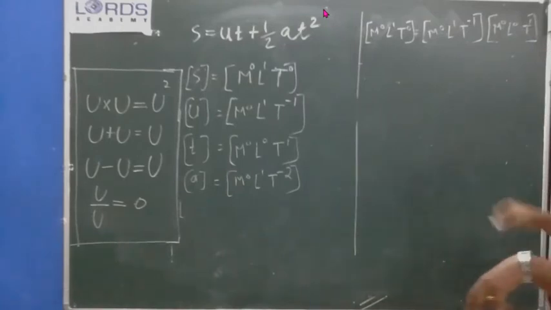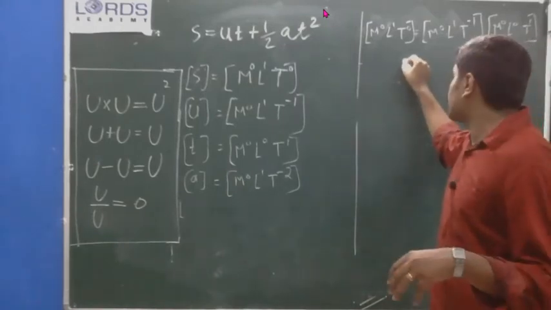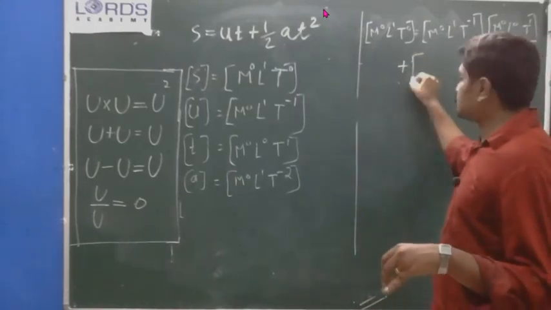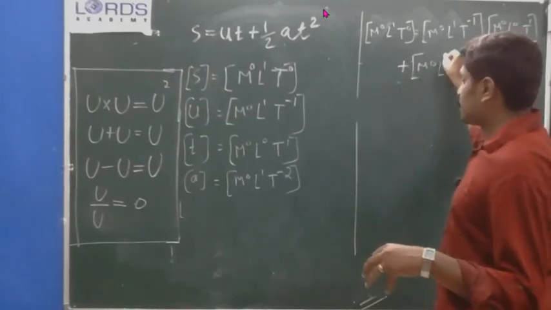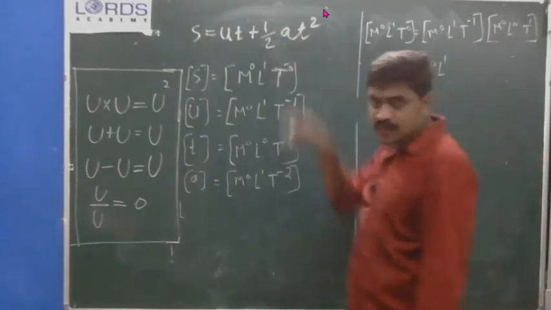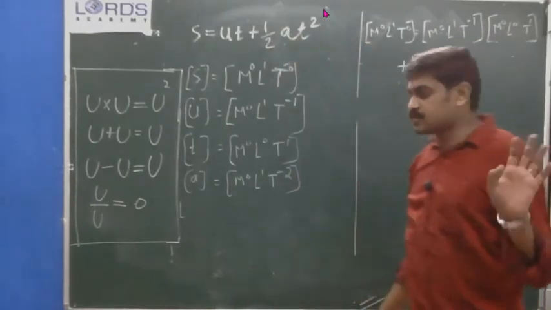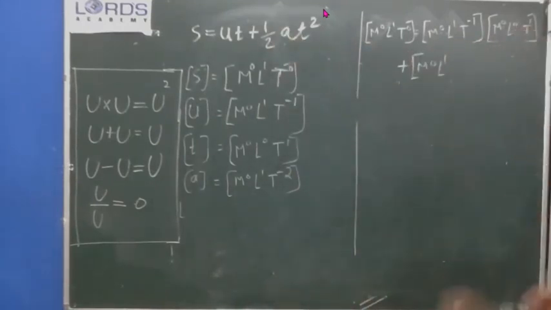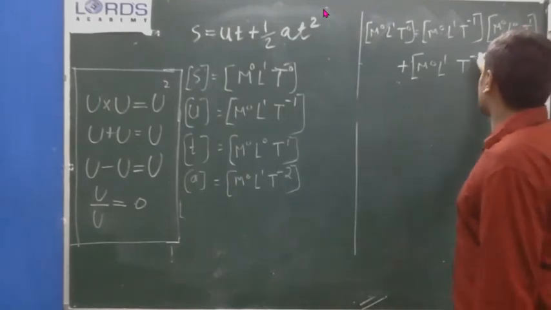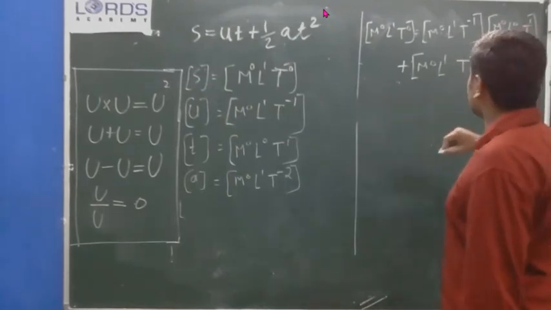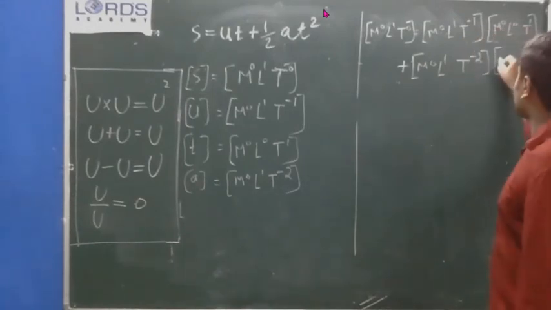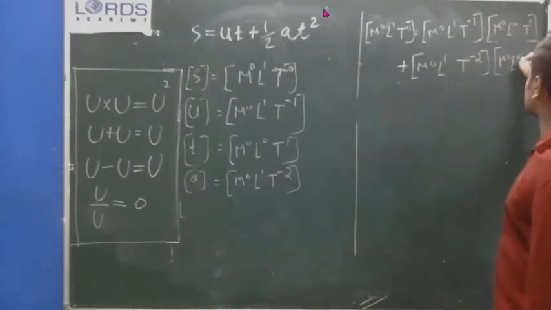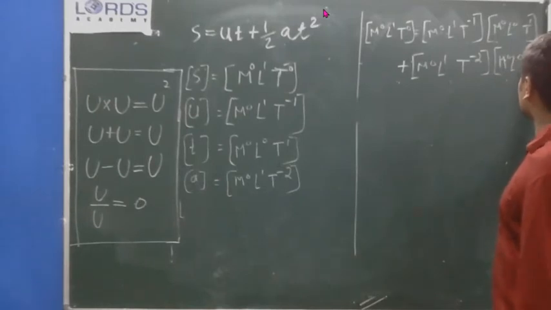Then plus, I'm writing. So what is A? The half, these numbers are there, no need to consider, just ignore it. M raised to 0, L raised to 1, T raised to minus 2. Then T also again: M raised to 0, L raised to 0, T raised to 1, all squared.